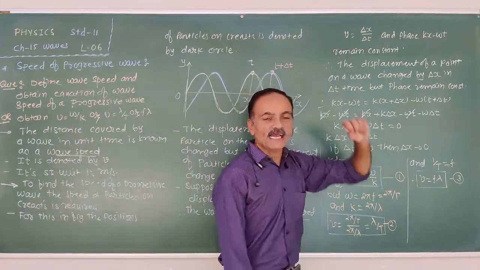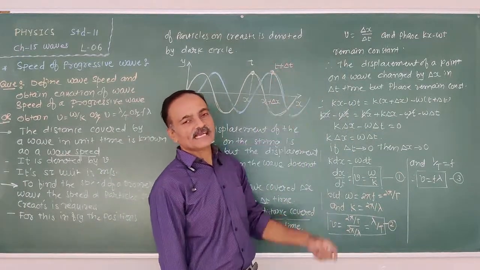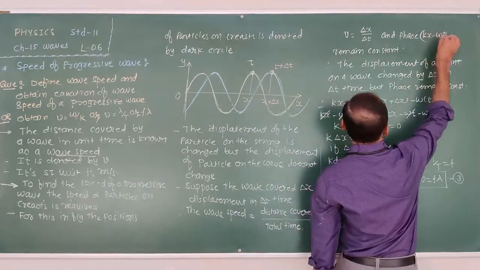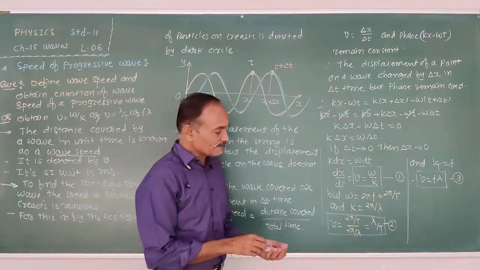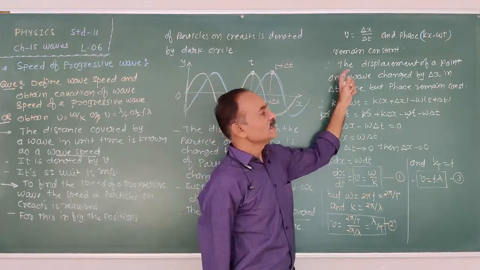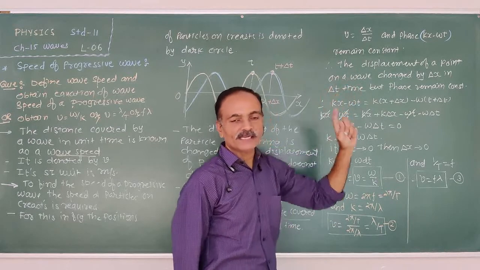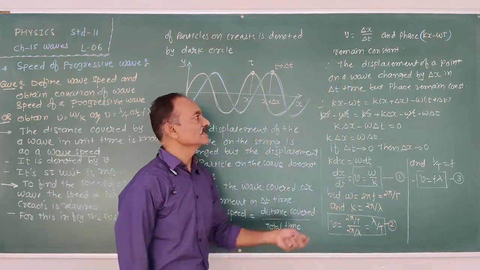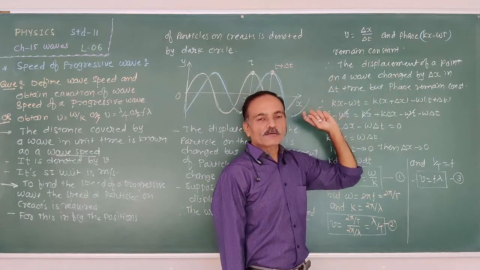Distance covered is delta x, total time is delta t, and the phase kx minus omega t remains constant. The displacement of a point on the wave changed by delta x in delta t time. Therefore, the phase of the wave remains constant.